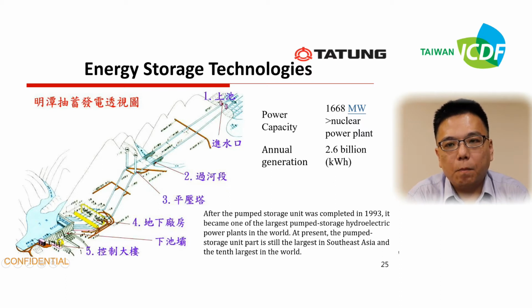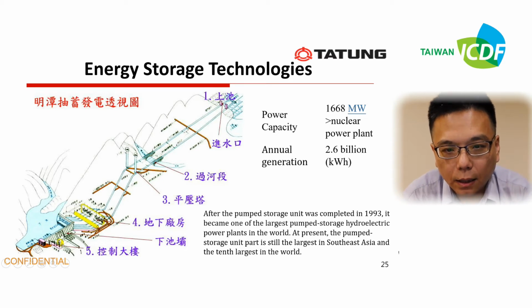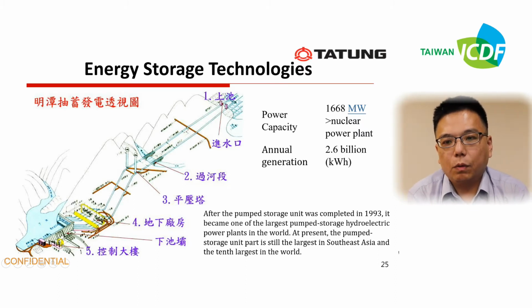Okay, the next page is the hydraulic pumping energy storage system. This is an example in Taiwan, the hydraulic pumping system. This power plant is in the middle of Taiwan. After the pumping storage unit was completed in 1993, it became one of the largest pumped storage hydroelectric power plants in the world.